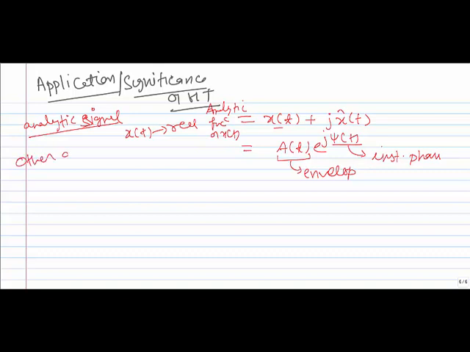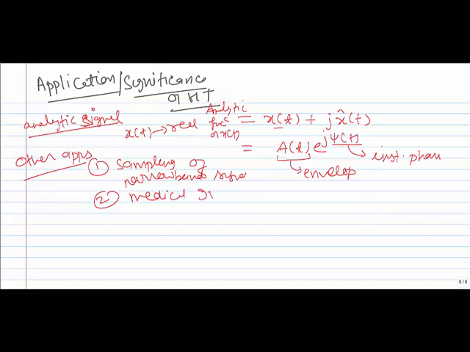Some other applications of the Hilbert transform are in sampling of narrowband signals, then medical imaging. Number 3, it is also helpful in the representation of band pass signals. Then it is helpful in the generation of SSB-SC, which we will see later on.